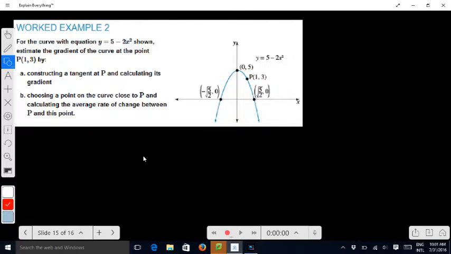We want to construct a tangent at P. That's way too thick, but I'll try and draw as straight as I can. If we draw a tangent to that point, we get a straight line, and we want to calculate its gradient.